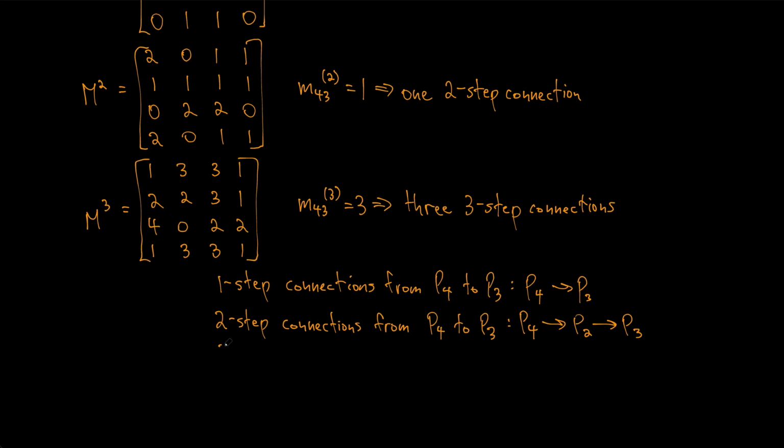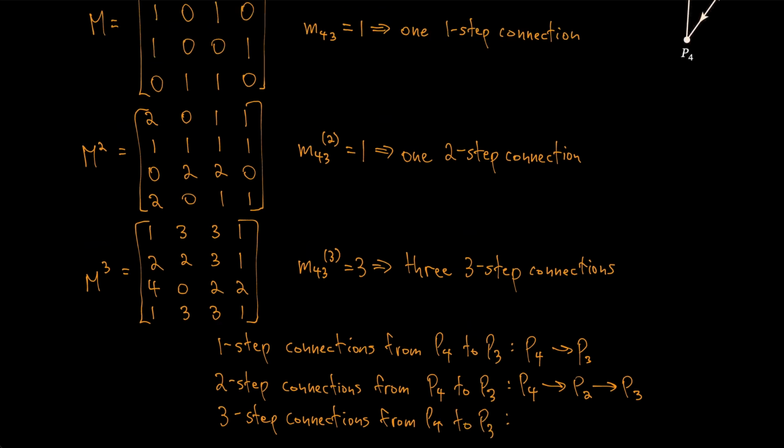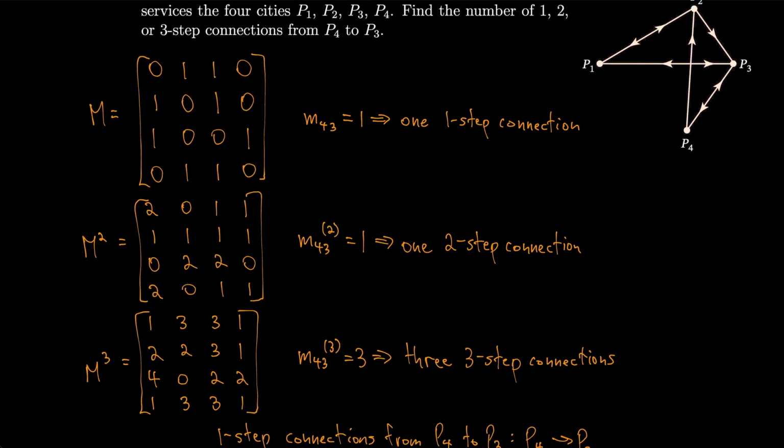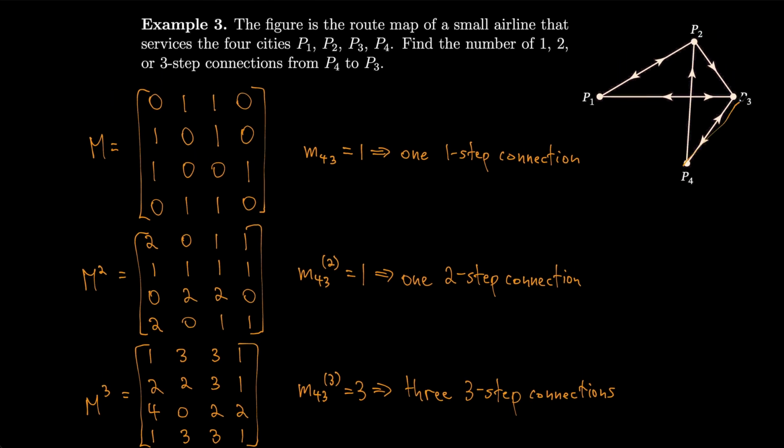Now we should be able to find some 3-step connections. We determined that there should be 3 of those in this case, from P4 to P3. Let's see if we can find them. We could go from P4 to P3, and then go back to P4, and then go back to P3.